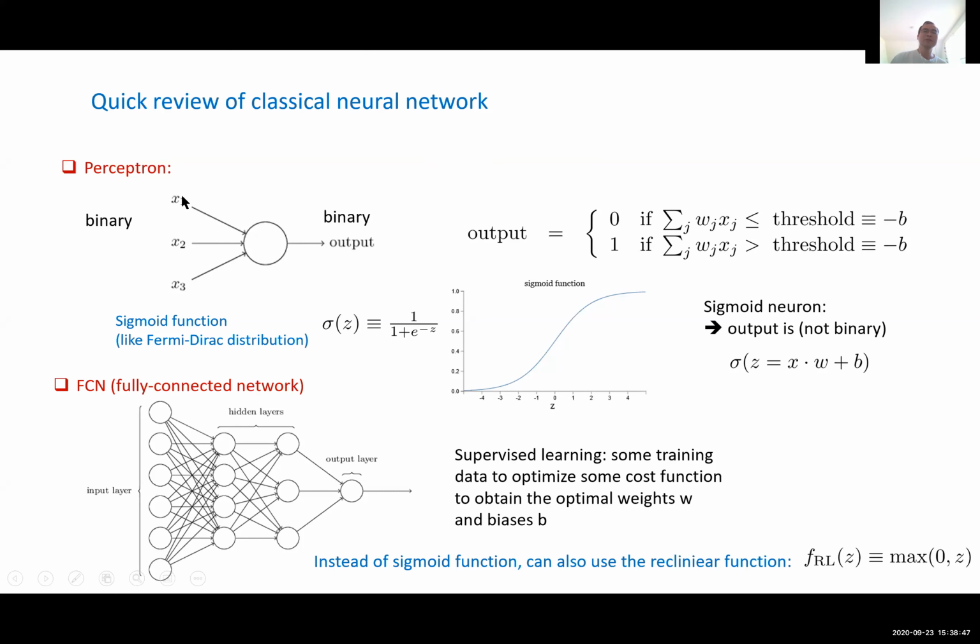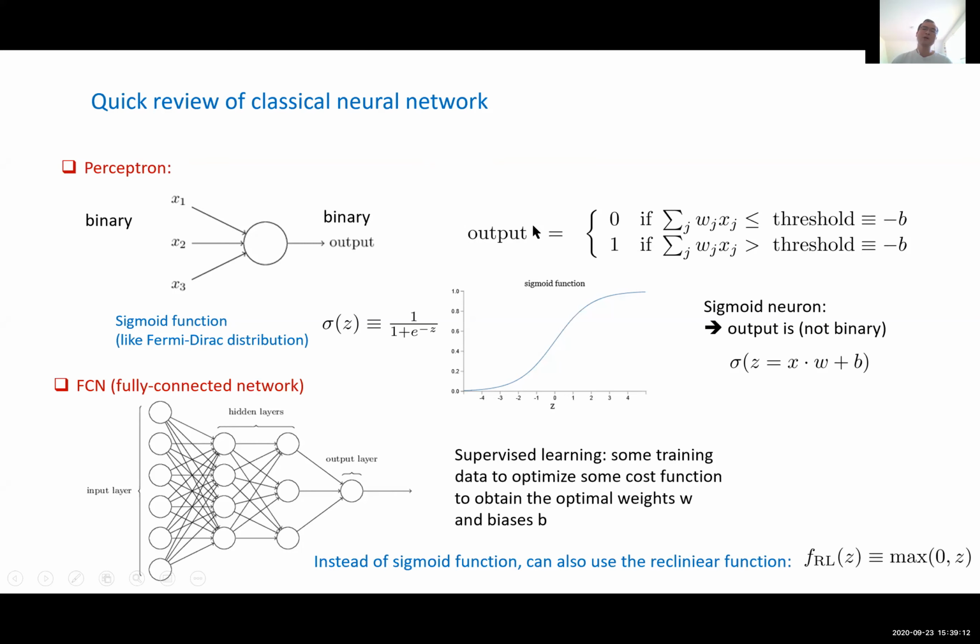So basically, the classical neural network is a way to understand how our brain works. And there's something called perceptron. Basically, you have some binary input, and these are all collected into a neuron, and then the neuron decides whether it wants to fire, whether it wants to send a signal to the next neuron.